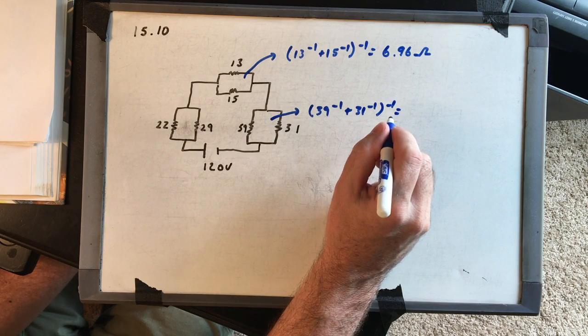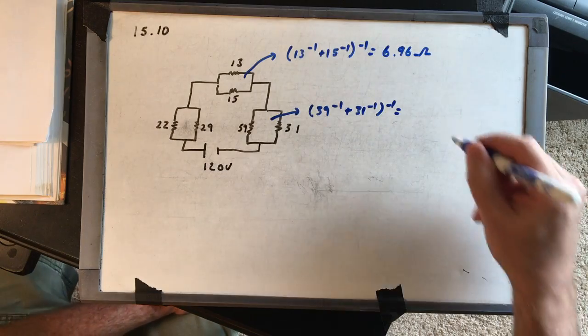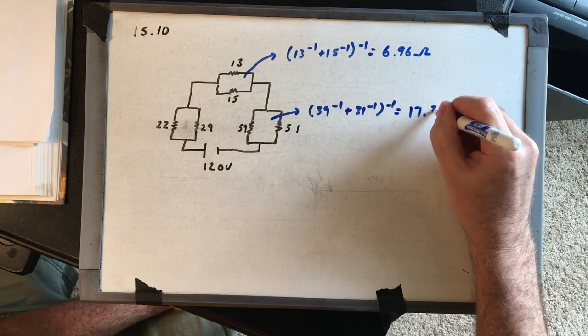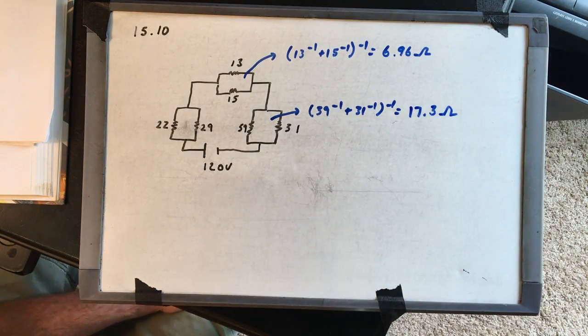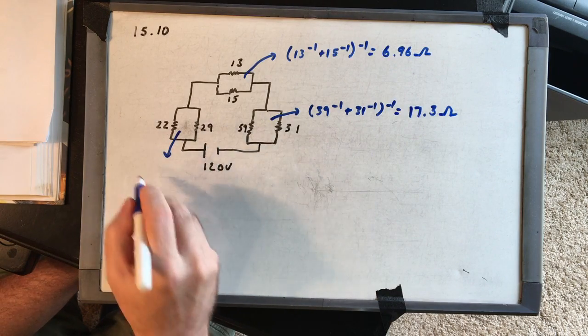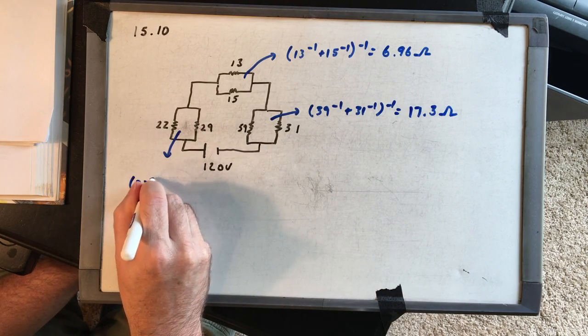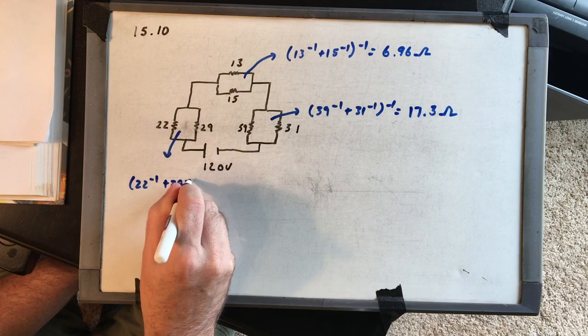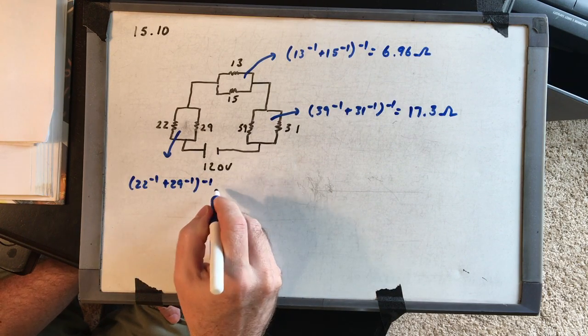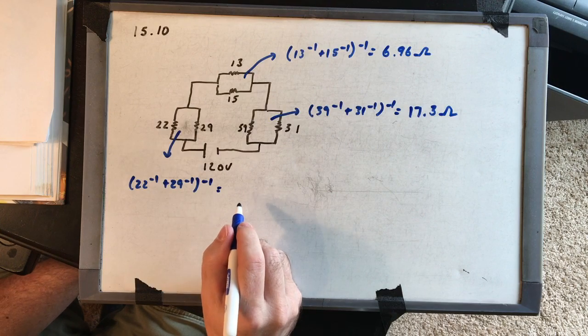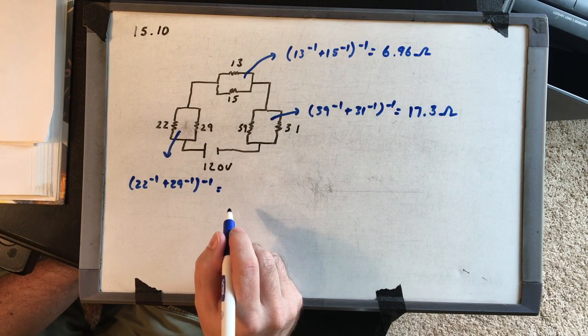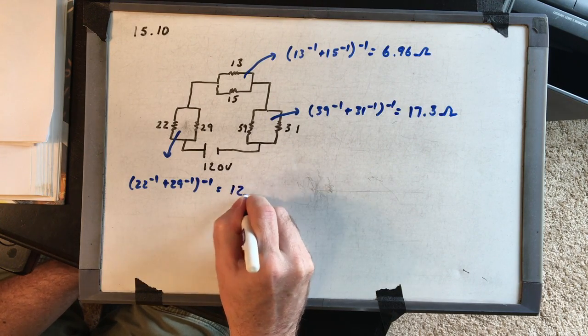And that is 17.3 ohms. And in this branch, I've got 22 to the minus 1 plus 29 to the minus 1, all to the minus 1. And that is 12.5 ohms.